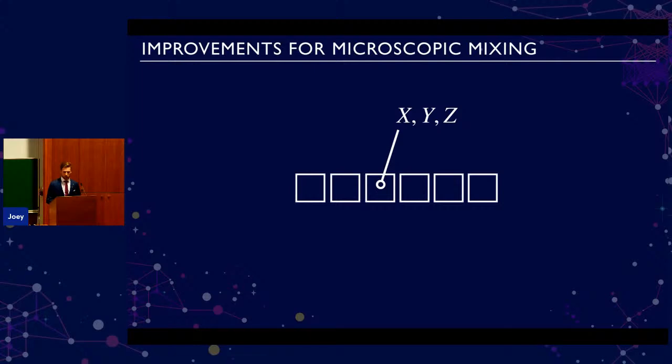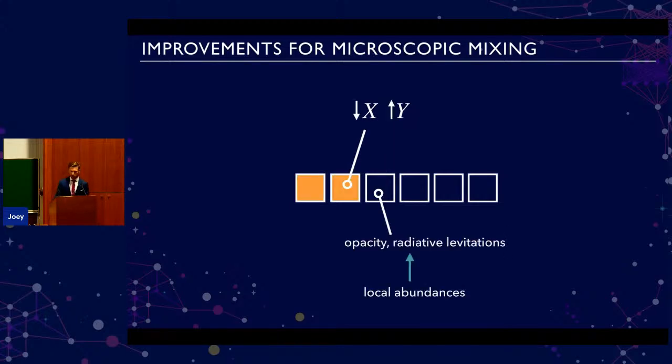So first, what I've done is try to improve the CPU runtime of these models when we include microscopic mixing. If you have a model with different cells, in each cell you have a hydrogen mass fraction, a helium mass fraction, and a metal mass fraction, X, Y, and Z. If you have nuclear fusion going on in some of these cells, the X value decreases while your Y increases, but the relative metal fractions, or the abundances of your metals, stay the same.